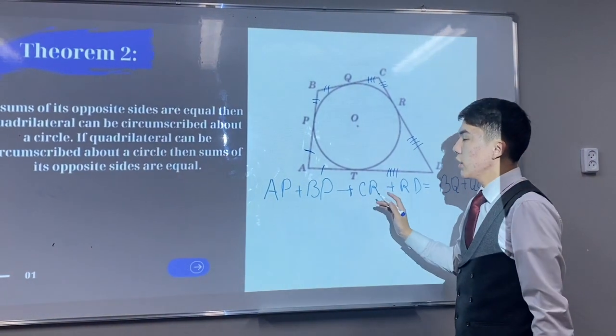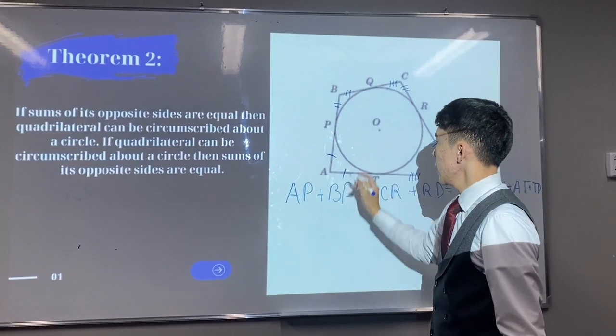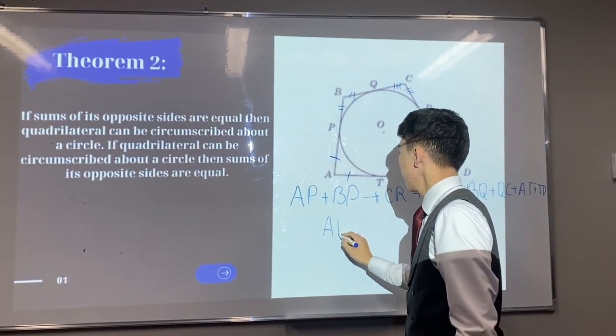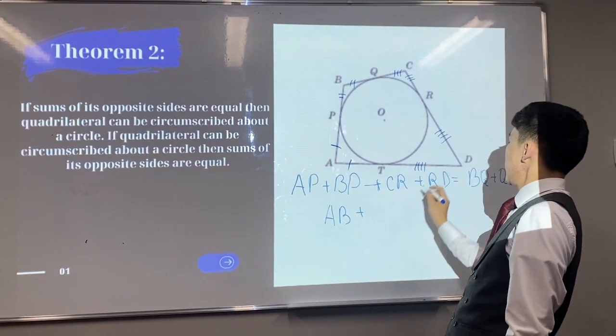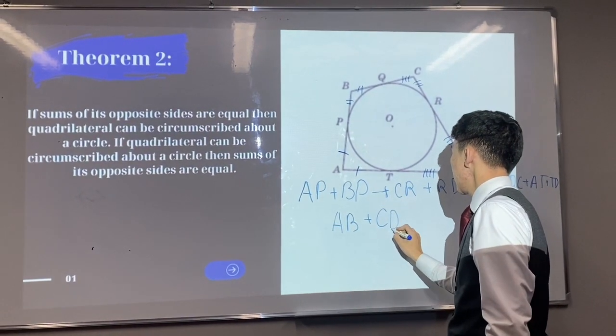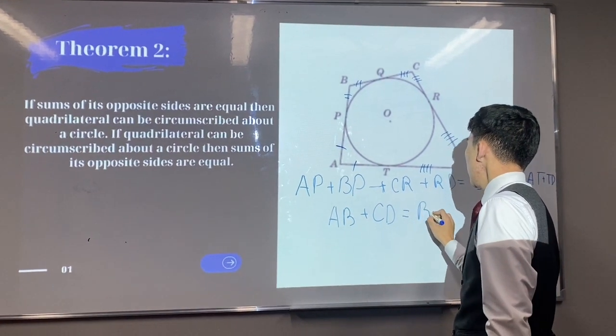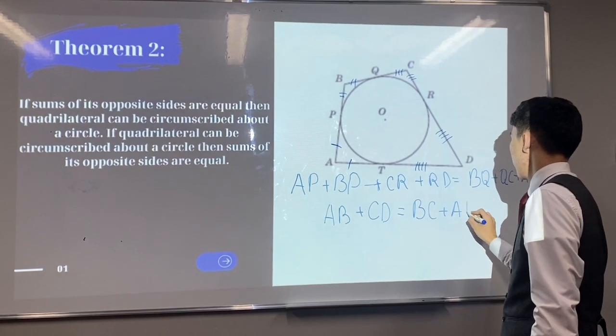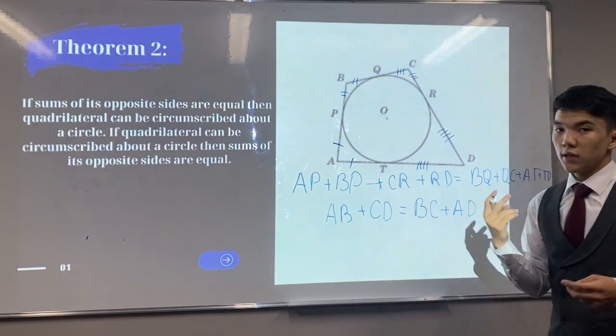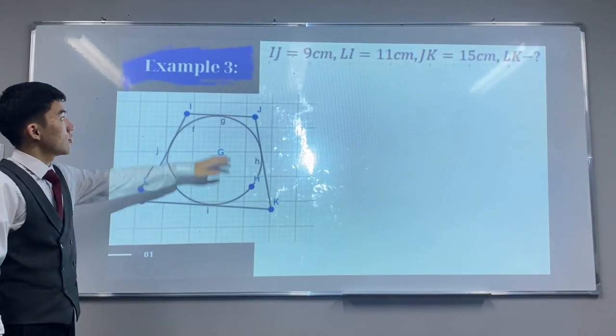Then we get AB plus CD equals BC plus AD. It's our second theorem.